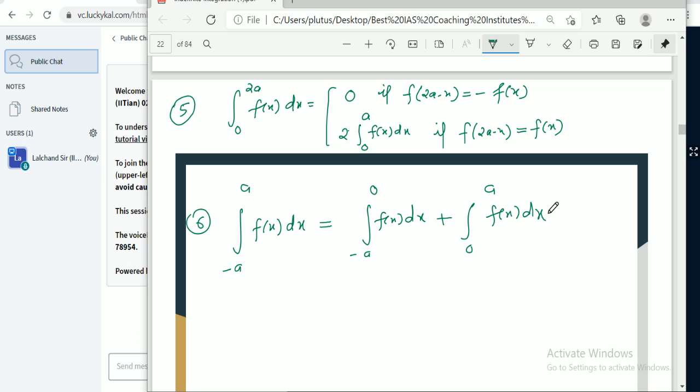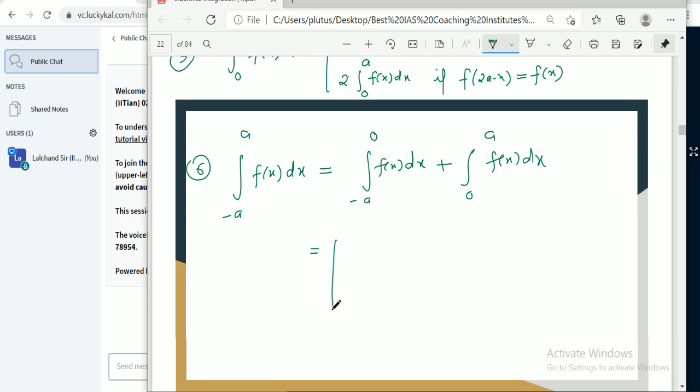So this integral is equal to twice of 0 to a f(x) dx, if f of minus x is equal to f(x), that means an even function. In the second case, this will be 0 if this is an odd function.